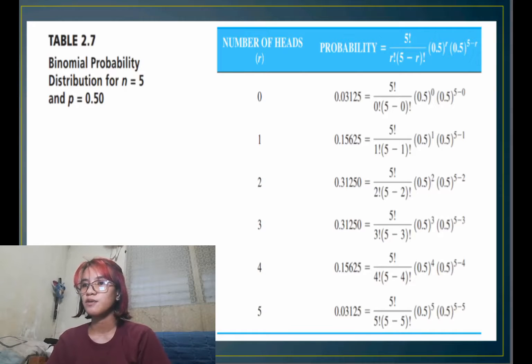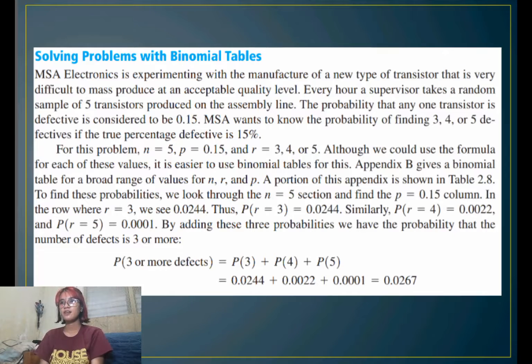As you can see on the table, the number of heads is from 0 to 5 respectively, and then the probability is computed by substituting into the formula: the probability of r successes in n trials equals n factorial divided by r factorial times (n minus r) factorial, times p raised to r times q raised to n minus r. So we're done with solving problems using the binomial formula.